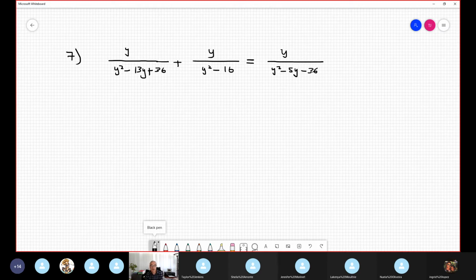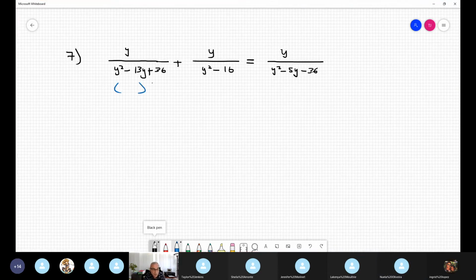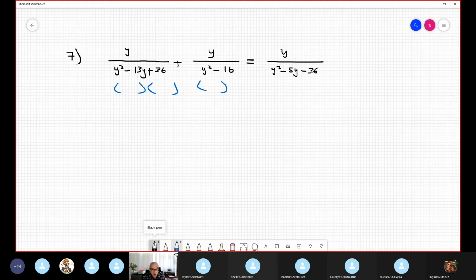Okay, let's do it. What is the first step? Factorization. Yeah, I can see a trinomial, a difference of squares, and another trinomial.